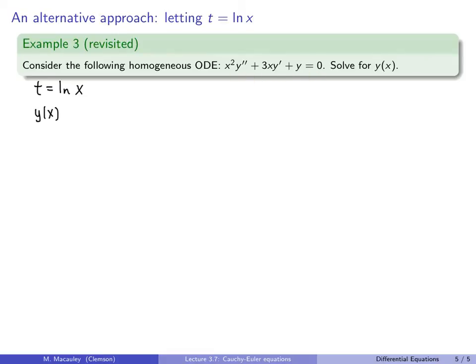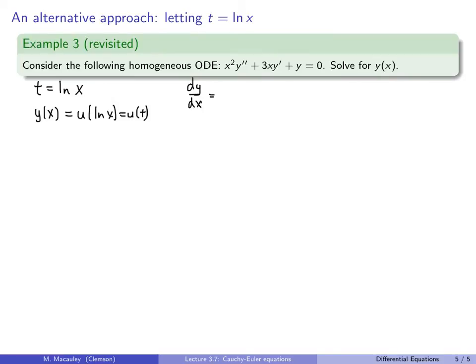So y of x is some other function of t, or of natural log of x, which is u of t. So I want to write this as a differential equation in u of t. To do that, I need to write the derivative dy dx by the chain rule.